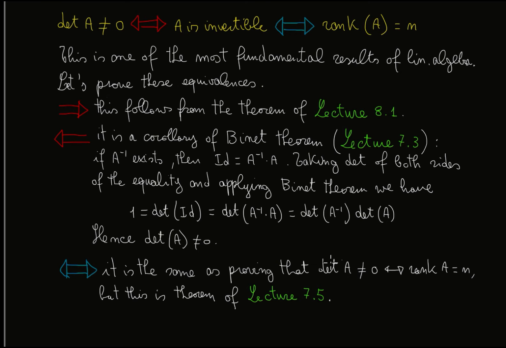And proving the equivalence between determinant of A non-zero and rank of A maximal just follows from the theorem of lecture 7.5. The statement of that theorem was that the rank of a matrix, not necessarily a square matrix, equals the maximal order of the non-zero minors of the matrix.